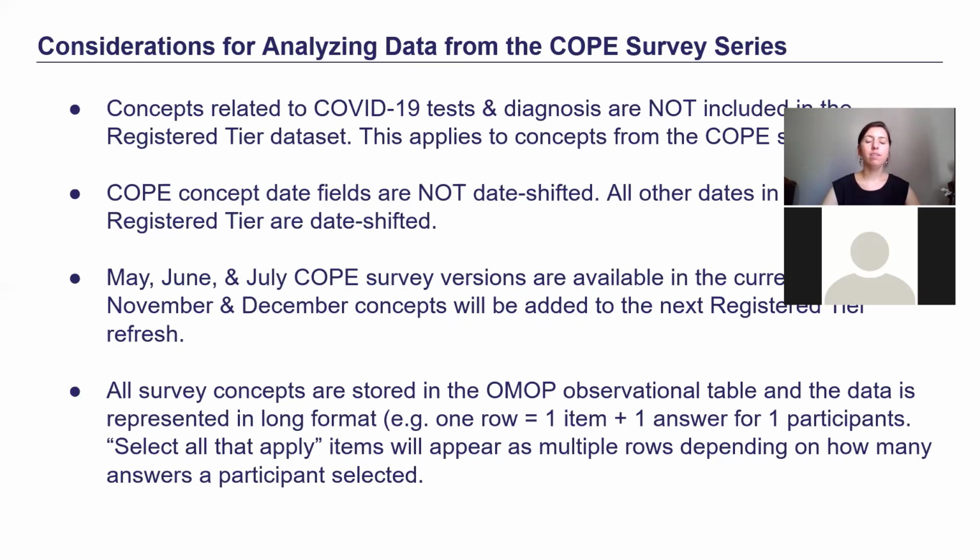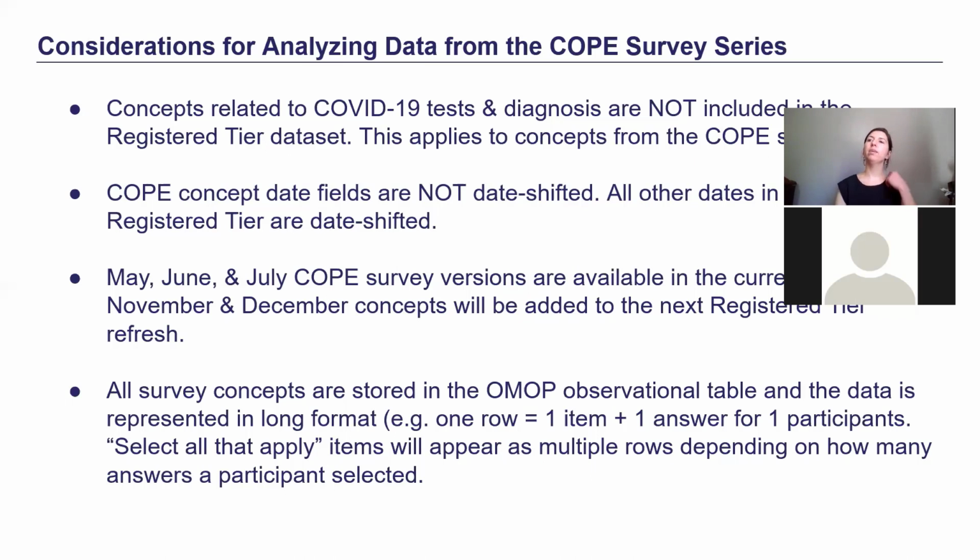And then this is really just a tip for all of our survey concepts. Those concepts are stored in the OMOP observation table, and they are represented in long format. So think one row equals one item plus one answer per participant.